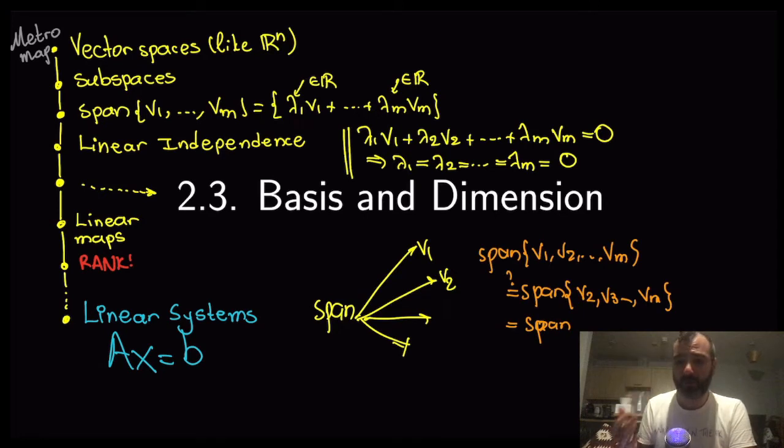If all of them are necessary, if none of them are redundant, then we say that they are linearly independent. So if someone tells you this set of vectors v1, v2, v3 up to vm has this property, if I take out v1, nothing changes, it means that v1 was redundant, which means that these vectors are not linearly independent.